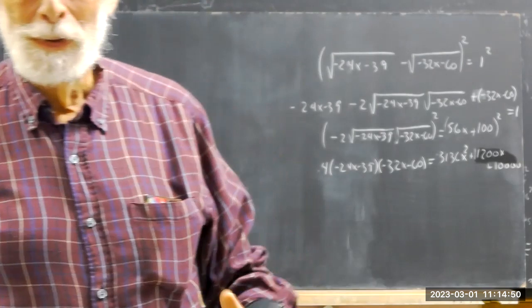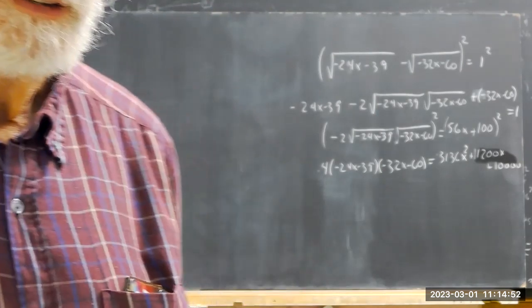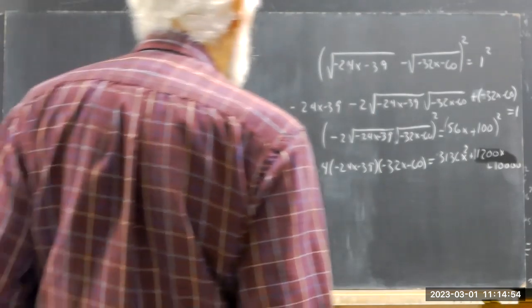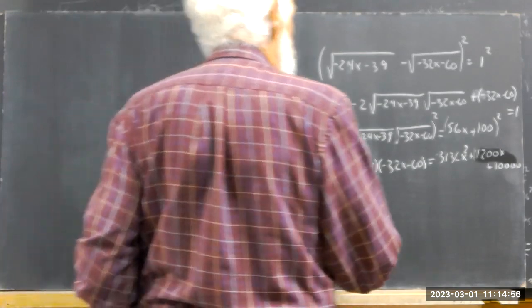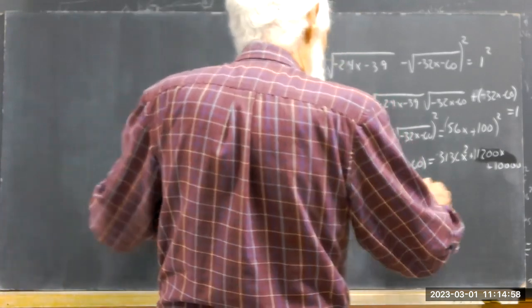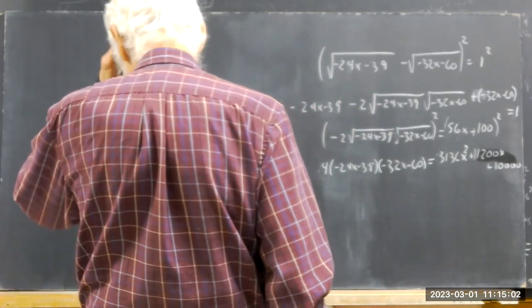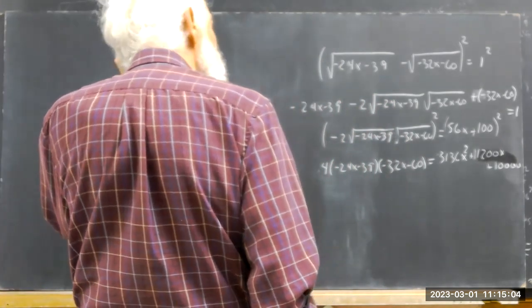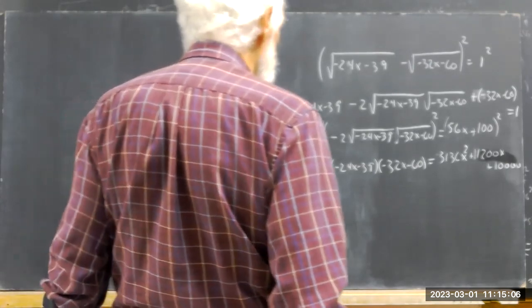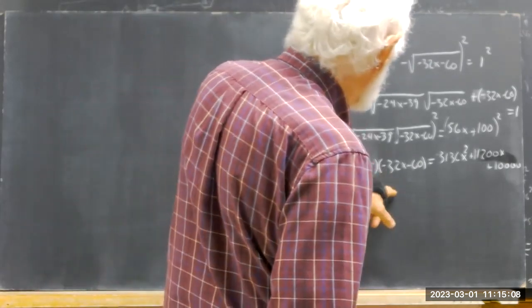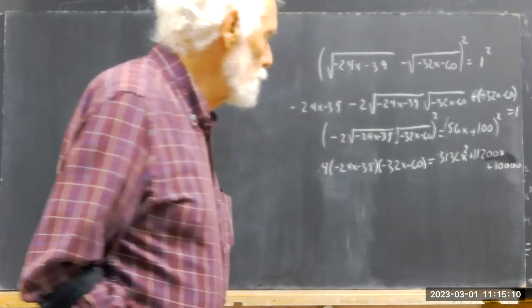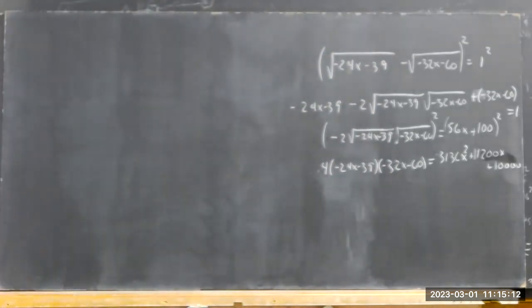Doing these things in my head. Okay, so if we're in agreement here, then we're probably right. All right. Well, now I've got to multiply out everything on this side. And we have 32 times 24. Well, I'm going to pause the video. You don't need to have a video with me fumbling around with the numbers.